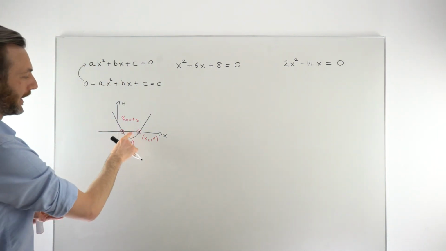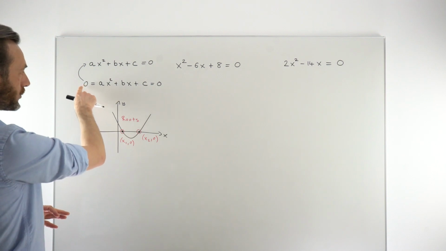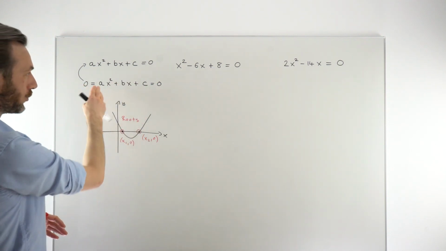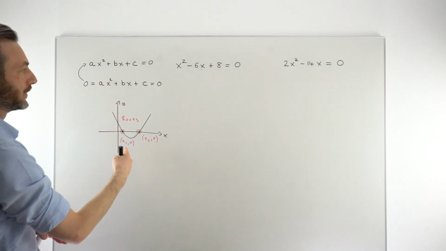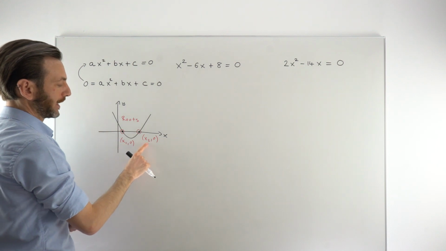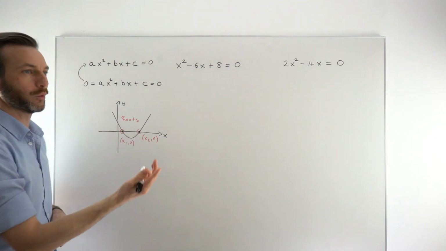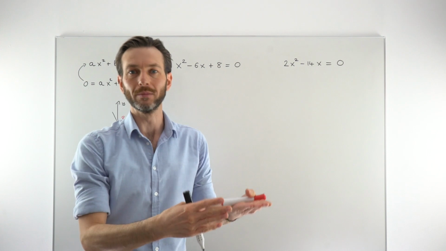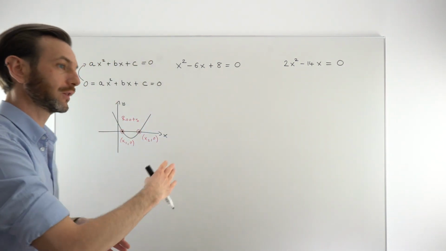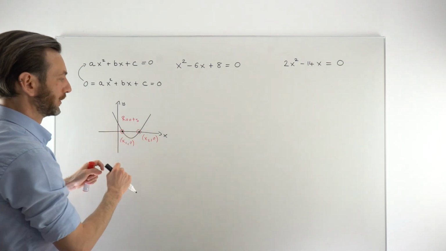Just by letting y be 0, we've turned our quadratic function, which was y equals, into a quadratic equation, and the solutions to that quadratic equation are the values x1 and x2. In other words, if I take a quadratic function and let y be 0, that gives me an equation which, if I solve it, I'm going to get the 2 root points.